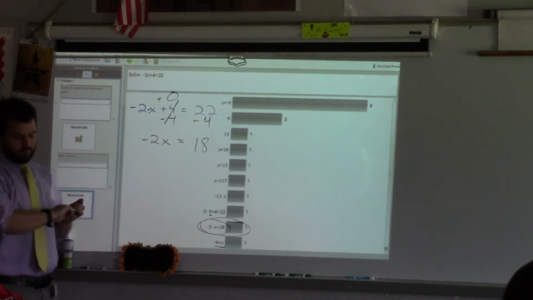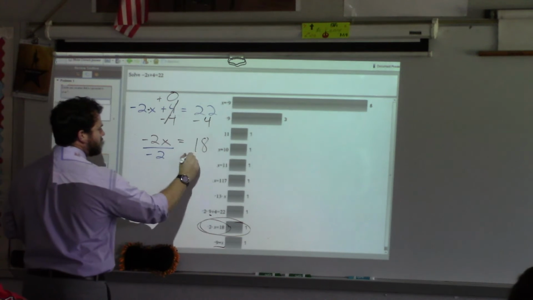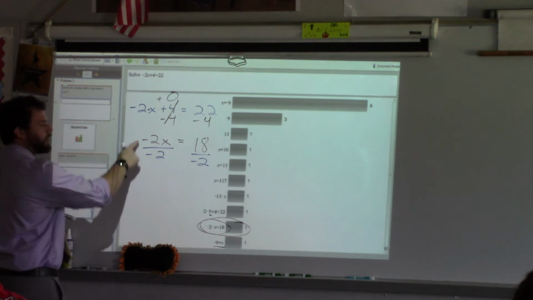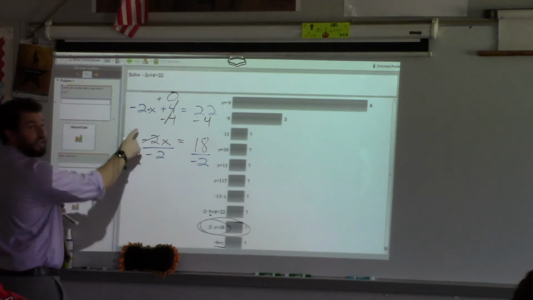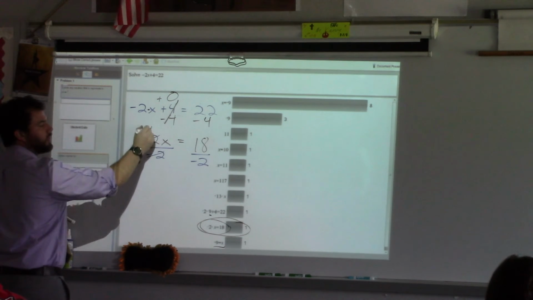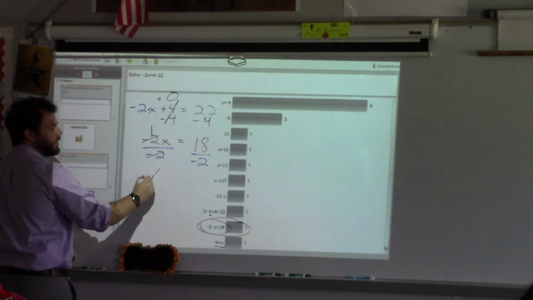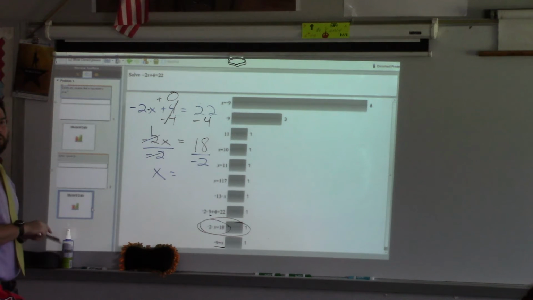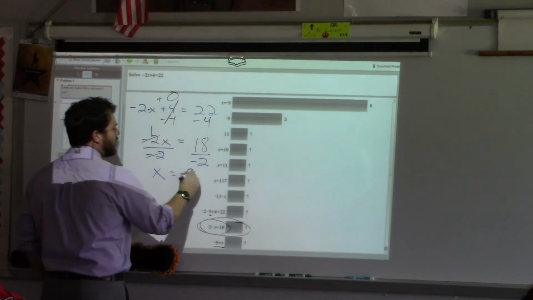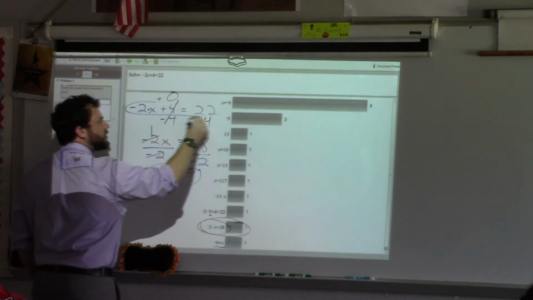Divide by -2. Notice, what is -2 divided by -2? That's 1. And what's 1 times x? Just 1x, right? And then 18 divided by -2? -9. What do we know about this last equation and this first equation?